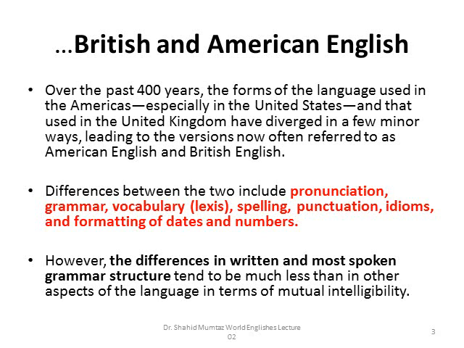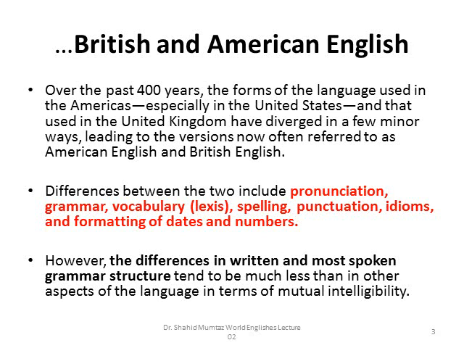However, the differences in written and most spoken grammar structure tend to be much less than in other aspects of the language in terms of mutual intelligibility. So the difference in written and most spoken grammar structure is much less than in other aspects of language.